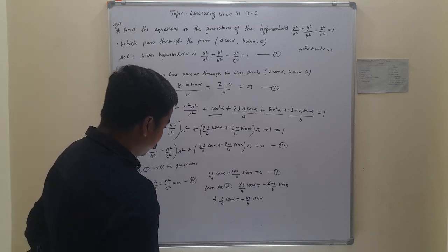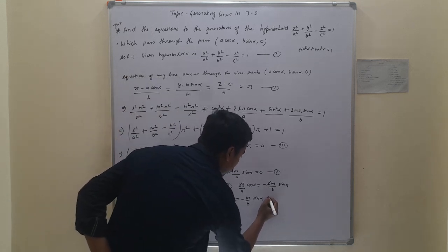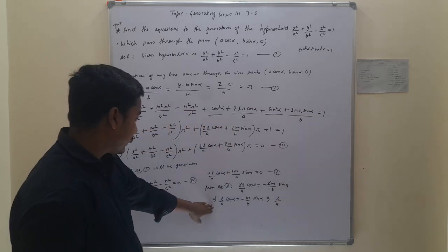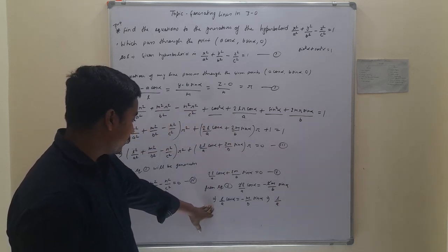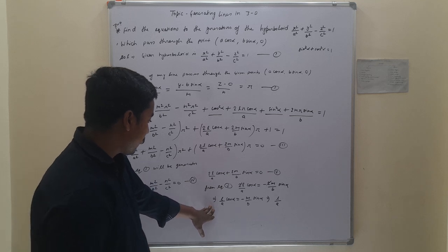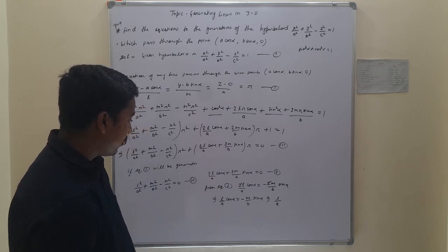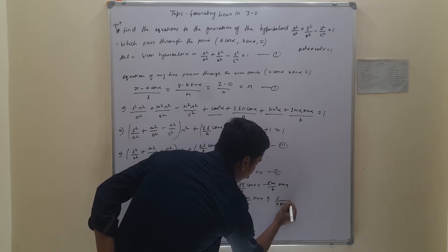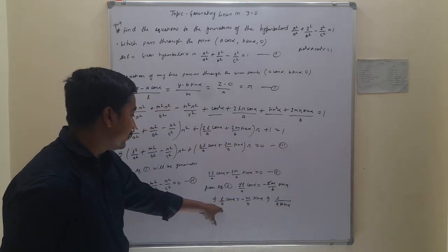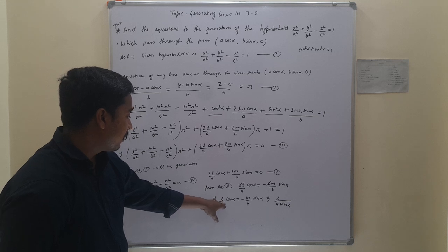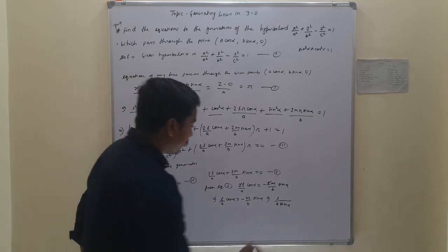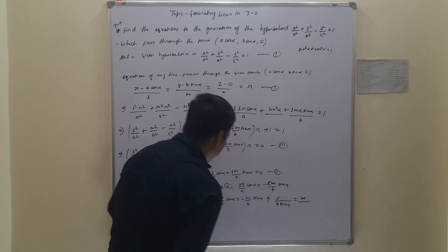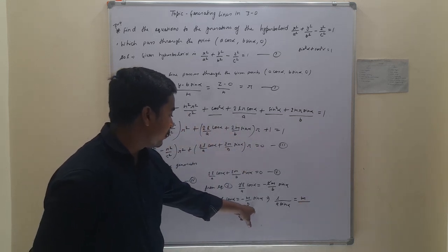We can also write l by a upon sin alpha. Sin alpha is taken to the denominator of l cos alpha, and we can also write minus of m upon b cos alpha, here cos alpha is taken to the denominator of b.